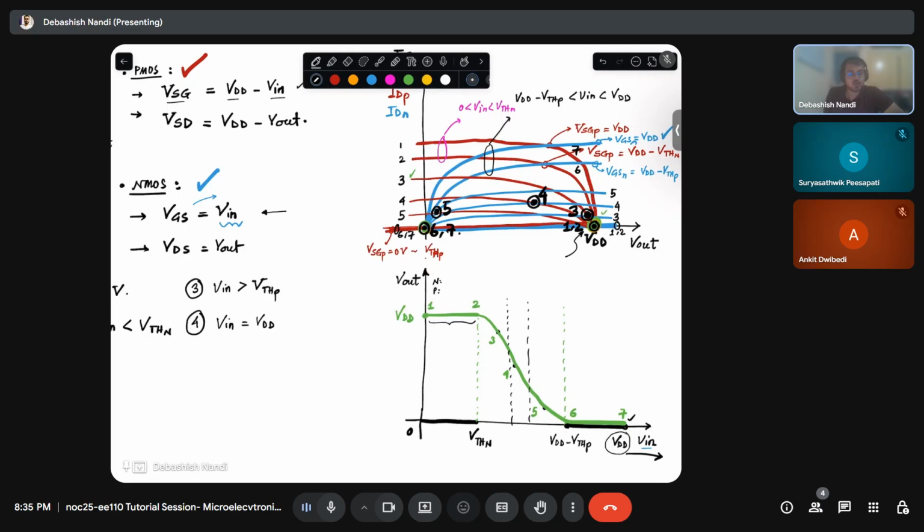For point 1 and 2, what is the condition of NMOS? 0 volt, zero current, which means cutoff. And what is the condition of PMOS? It has just started saturation, so it is in the linear region.